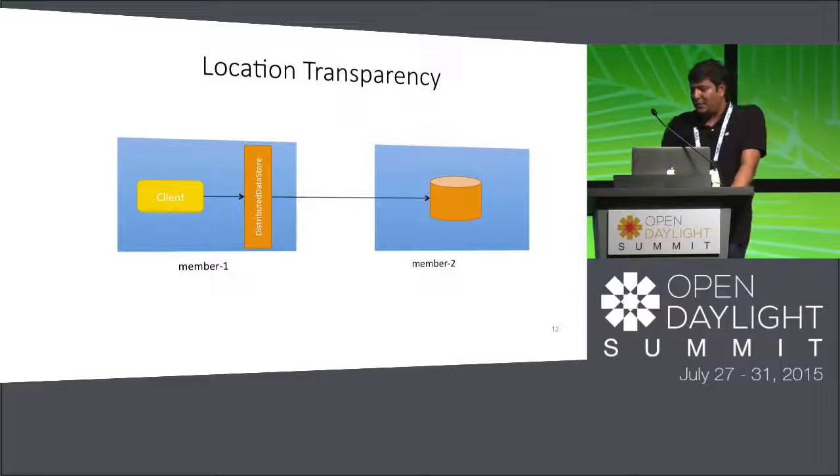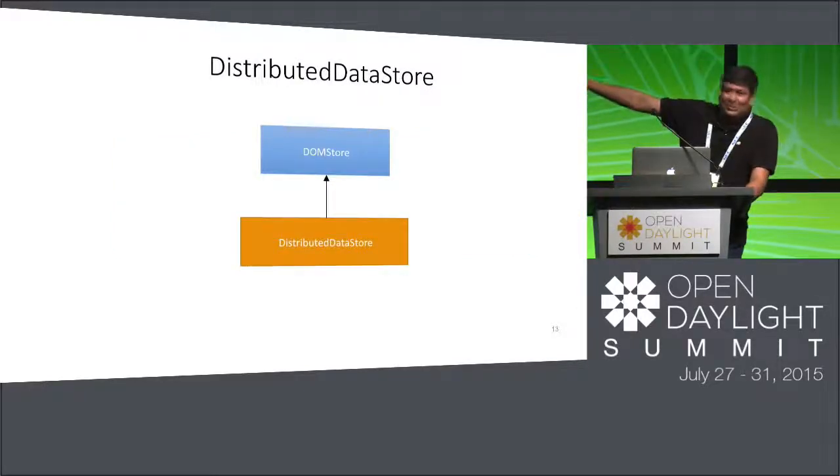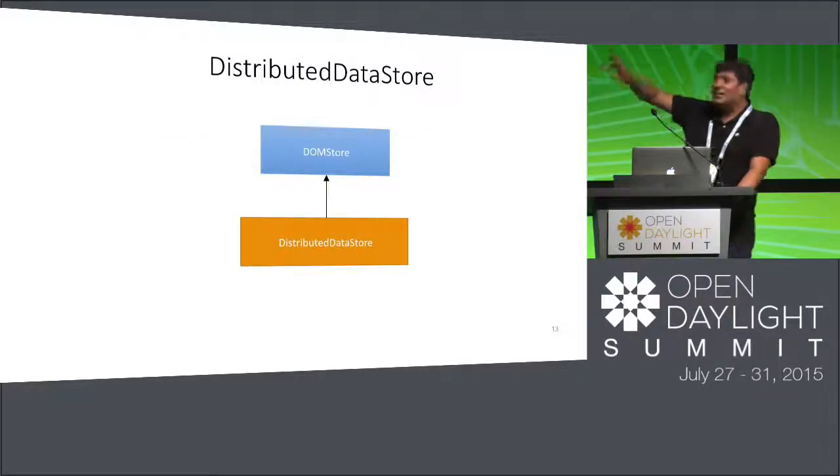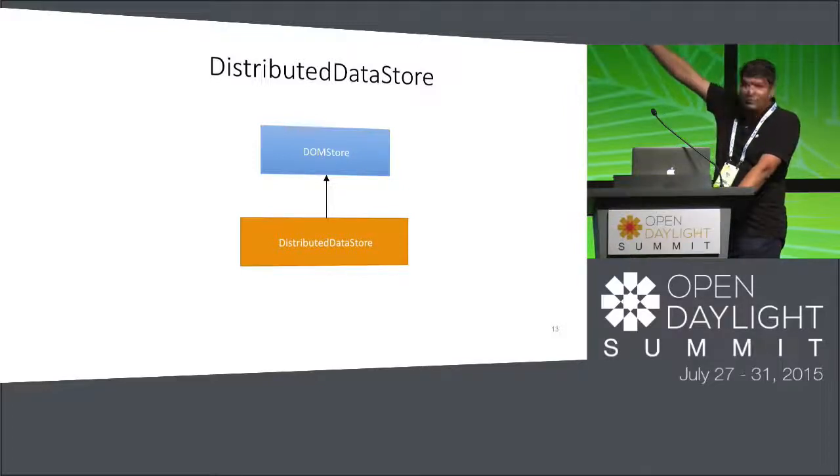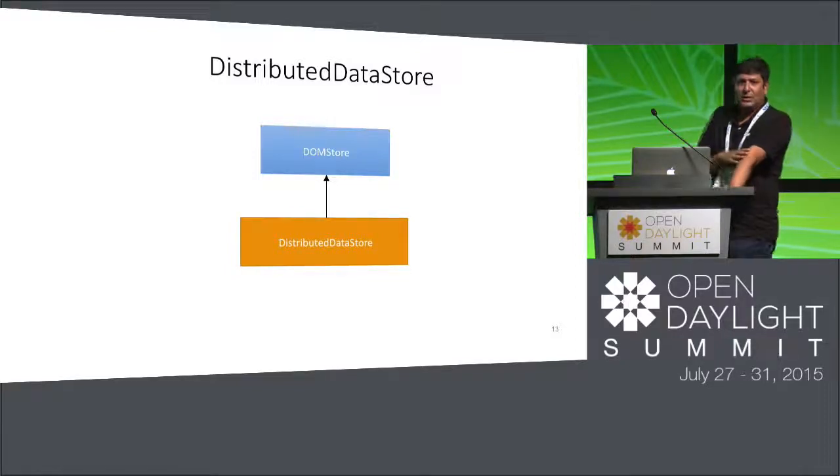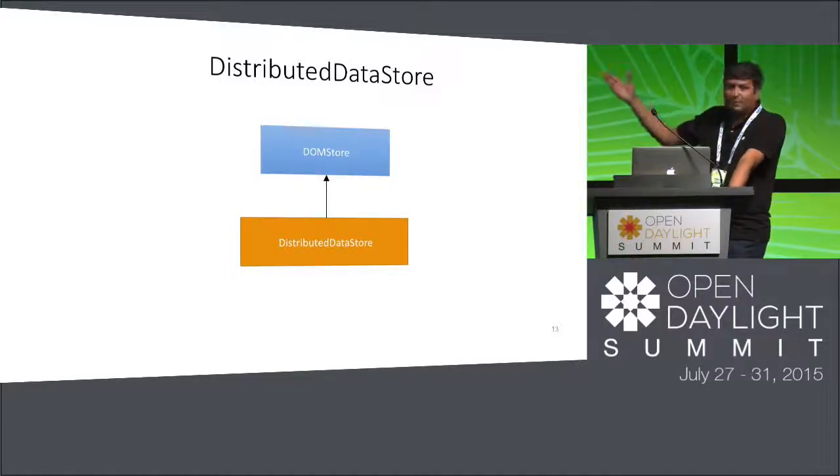How you make it happen, well, come one slide later, but essentially the distributed data store is an implementation of DOMStore. It's an SPI. Some people are familiar with that because they're trying to build their own data stores. If you want to build your own data store, you have to implement this SPI interface. The distributed data store is one of those implementers, and the in-memory data store is another implementer.